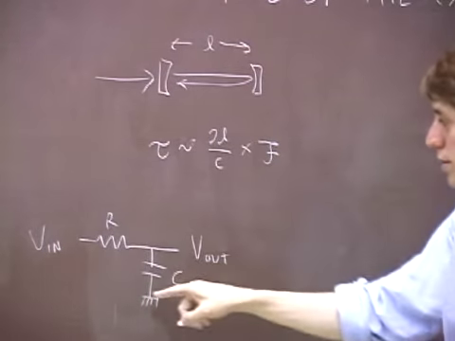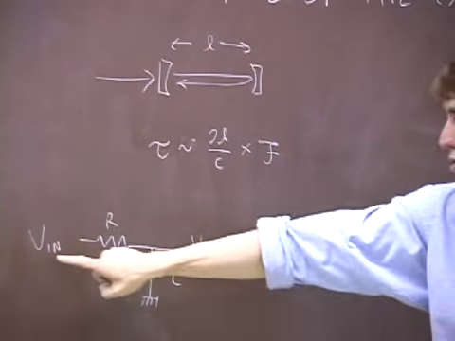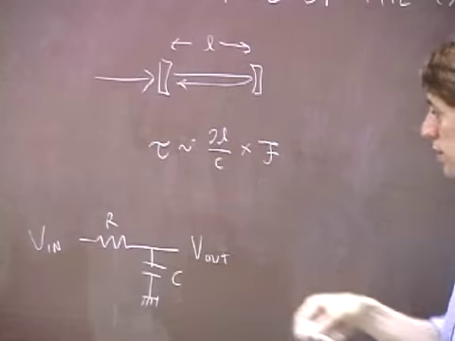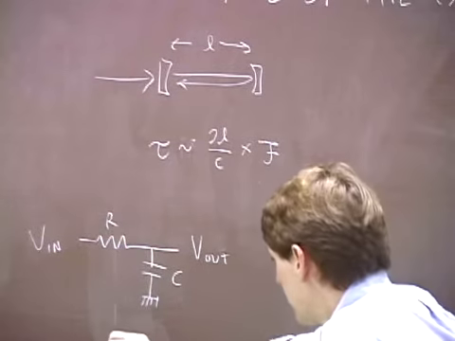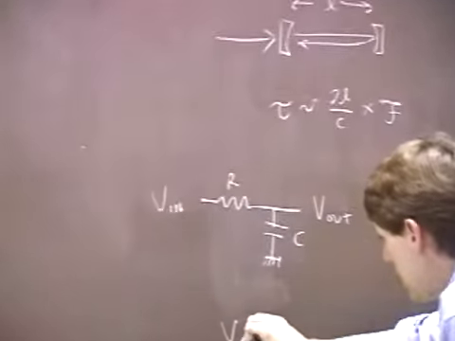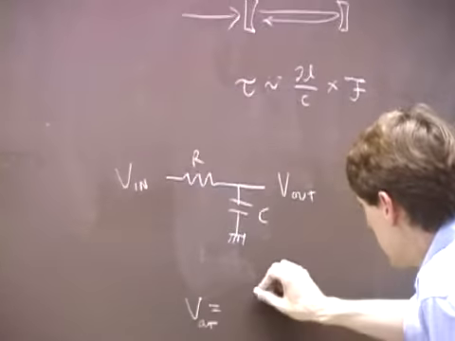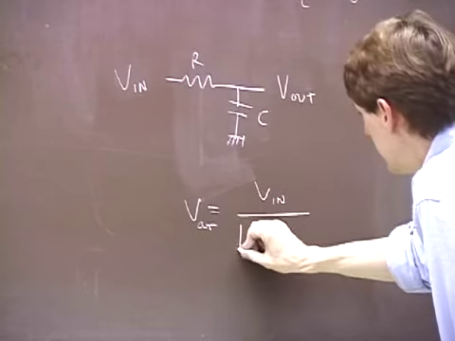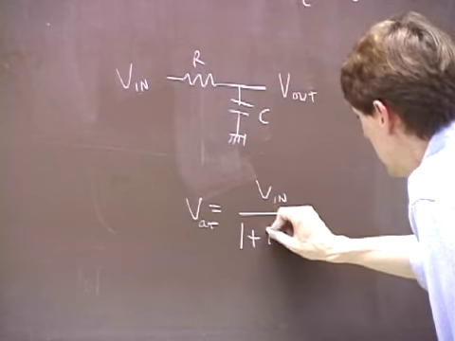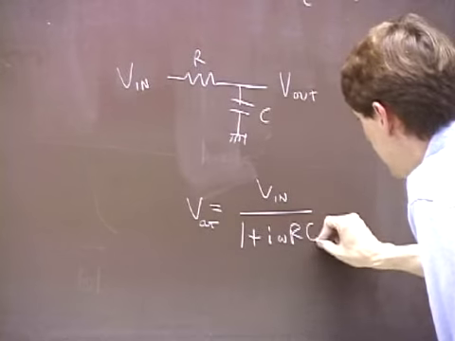If you consider this circuit to be a measurement circuit, where it measures a voltage that goes in by producing a voltage that goes out, the transfer function is frequency dependent. So V out is equal to V in divided by 1 plus i omega RC.